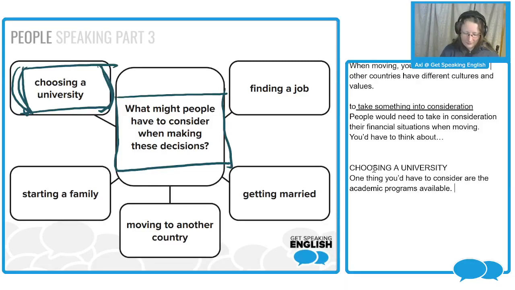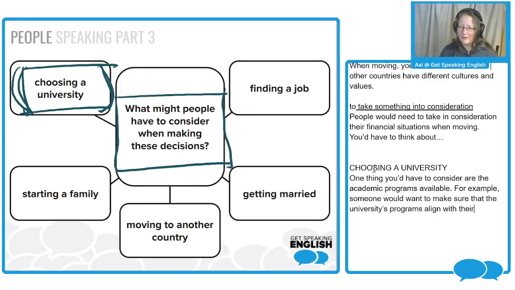So for example, someone would want to make sure that the university's programs align with their career interests or goals, for example, right? So if we say that the programs align with something, that those are programs that are going to be useful with what they want to do.